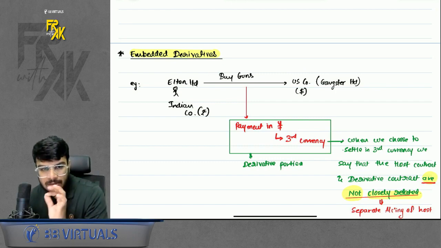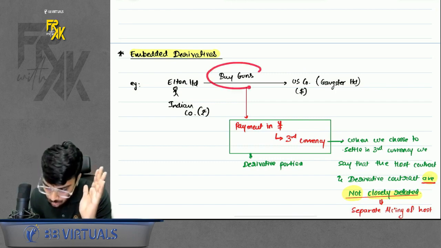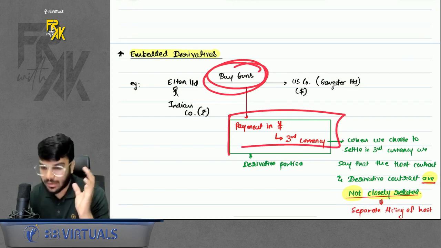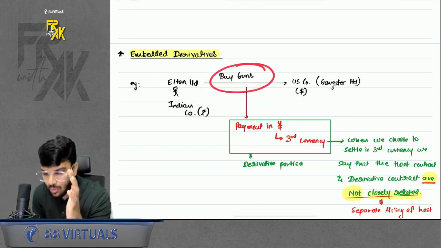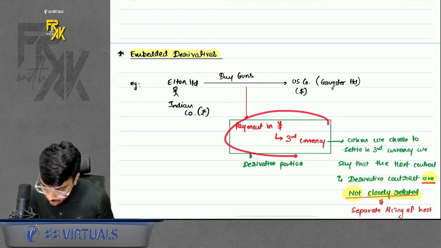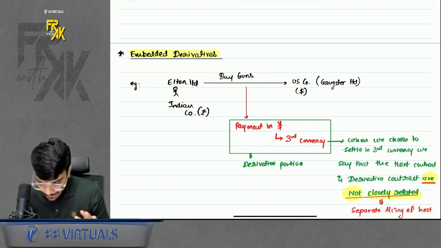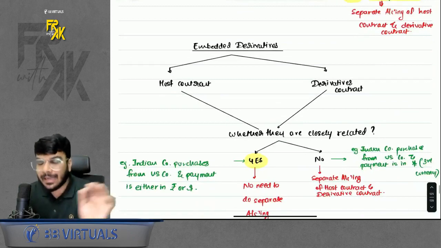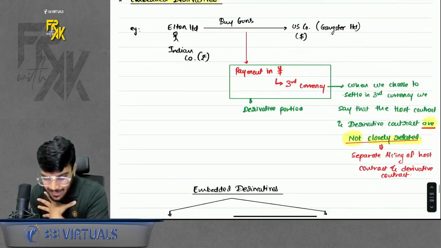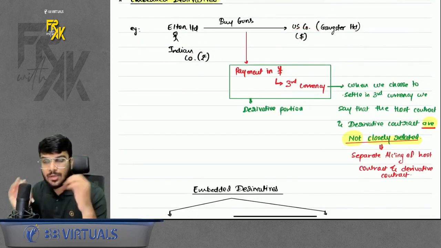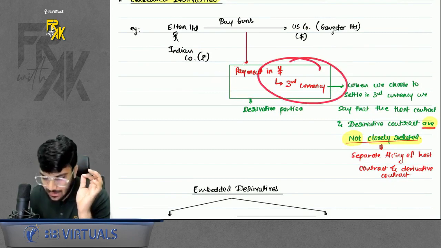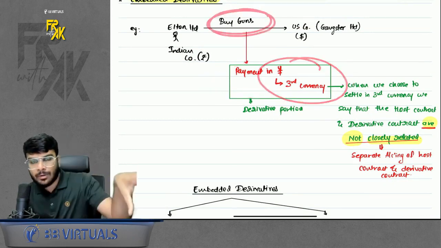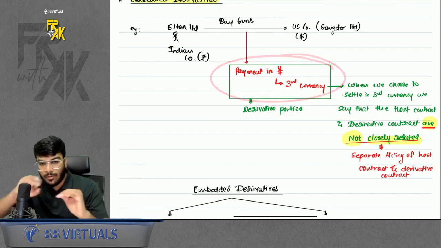When a third currency is involved, we will say that the host contract and the derivative contract are not closely related, and in that case the accounting for the host will be done separately and the accounting for this derivative part will be done separately. Again I'll repeat, because we are settling in a third currency which is neither my currency nor his currency, there is a derivative portion involved, and whenever you are using a third currency, the host contract is accounted separately, the derivative contract is accounted separately.